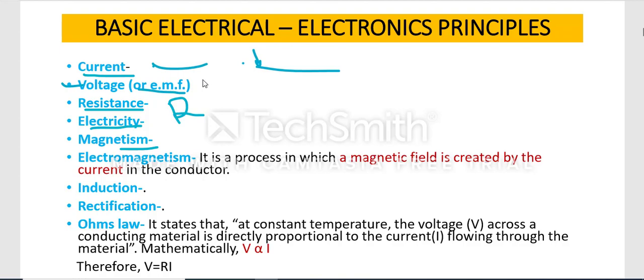It is a quantitative expression of the potential difference. Suppose a wire is there and we are supplying a current here. The potential difference between the 2 points when current is flowing through the wire, the quantitative representation of that potential difference is nothing but voltage.